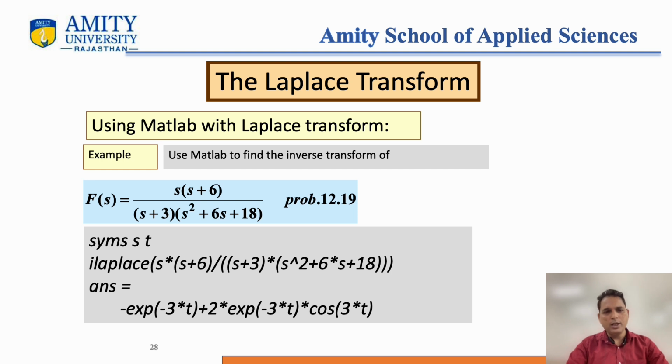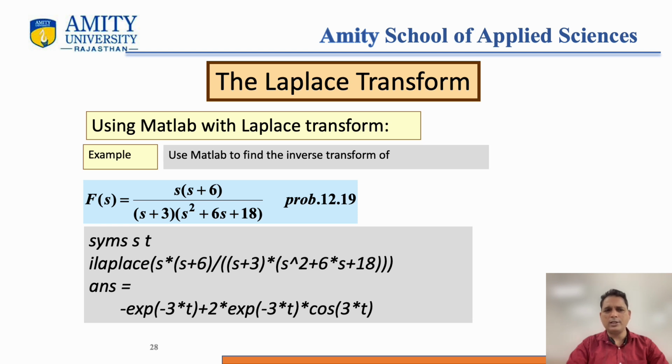While doing this, you make a relation and find the values of constants A, B and C. Put them back, and while taking the inverse Laplace transformation, you know that the inverse Laplace transformation of 1 upon (s plus a) is e to the power minus at. So using this relation, you find the inverse Laplace transformation of our function. While if we go by the MATLAB approach, it will be quite easy.